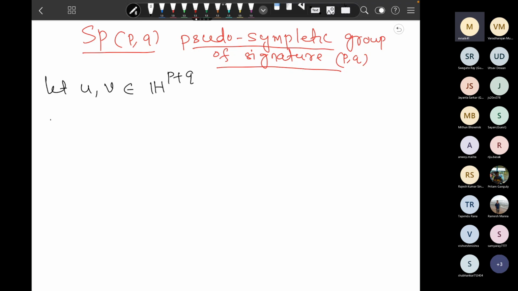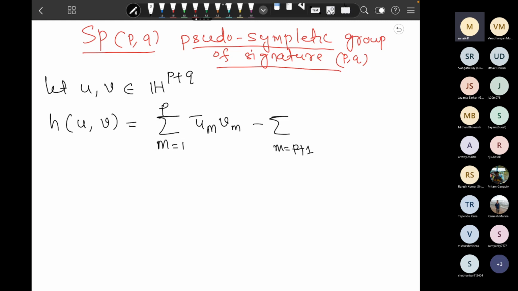I define this Hermitian form h(u,v), which is the sum from m equals 1 to p of u_m bar v_m, minus the sum from m equals p+1 to p+q of u_m bar v_m. And this h is a non-degenerate Hermitian form.